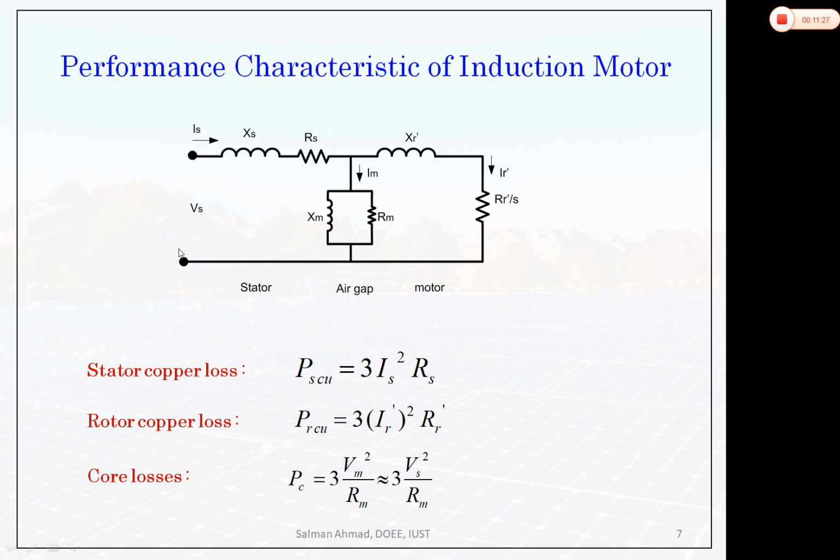So whatever voltage is here, the same voltage we can assume here. Say for example, this is 300 volt and this is only 3 volt, so we can neglect this value. So whatever supply voltage is in the stator, the same we can assume across this parallel branch. That's why 3 times Vs square upon Rm. If you want to find the core losses, you can calculate directly, because supply voltage most of the time is given.